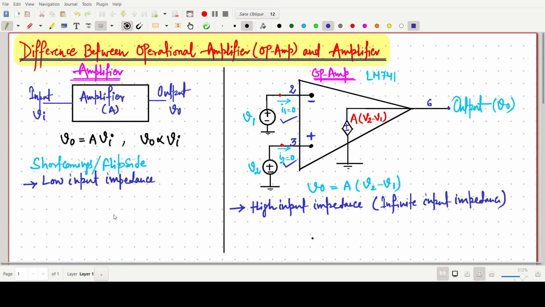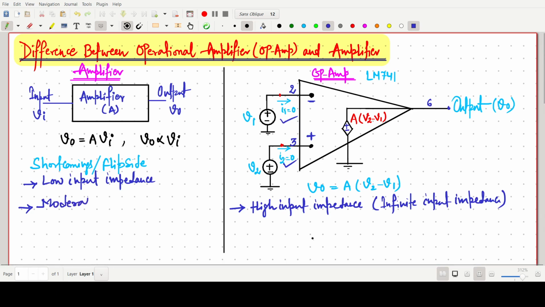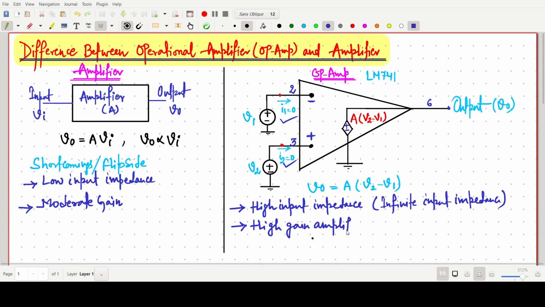In addition to that, the amplifier has a moderate gain, whereas the op-amp is a high gain amplifier, or sometimes called a high gain differential amplifier, because the output V naught is a function of V2 minus V1.